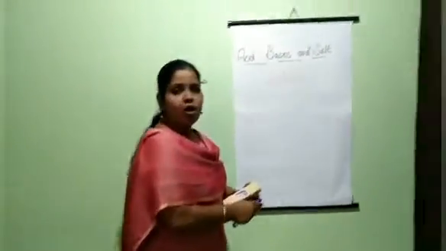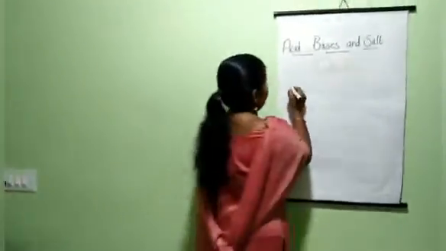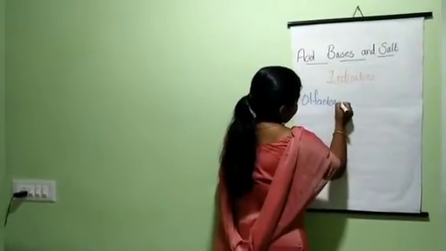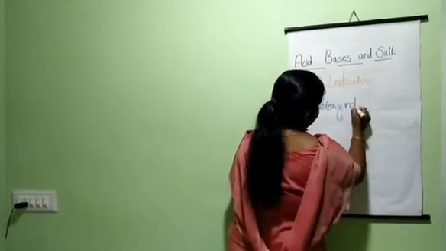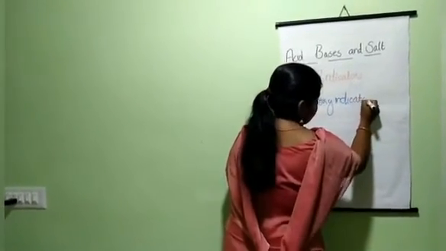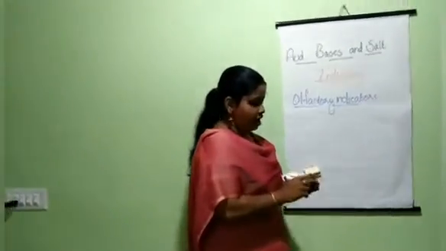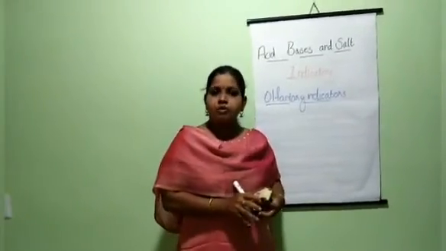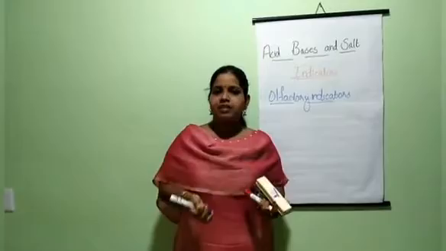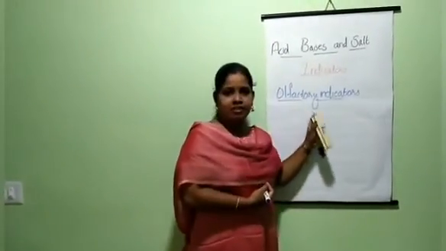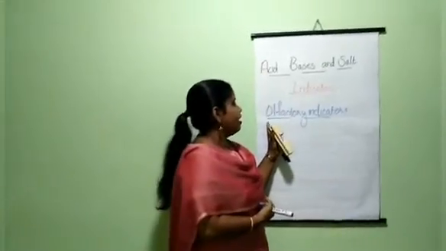Okay. And the third type of indicator is olfactory indicators. The first two types, synthetic and natural indicators, distinguish a given solution as acidic or basic depending on the color change. There is an exception in olfactory indicators.